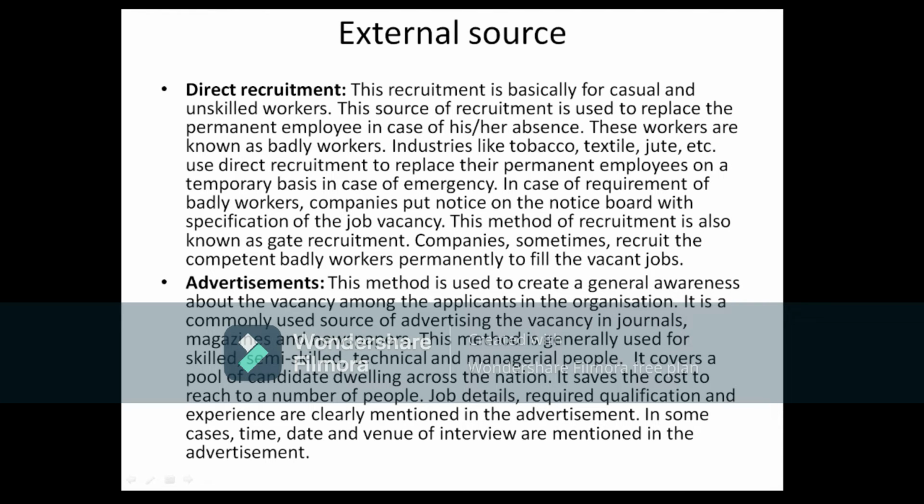For locating people outside the organization, the HR manager uses an appropriate source of recruitment. If the organization does not use the appropriate source, it will not get a pool of candidates from which it can select the best candidate. So the first method I am discussing in external source is direct recruitment.